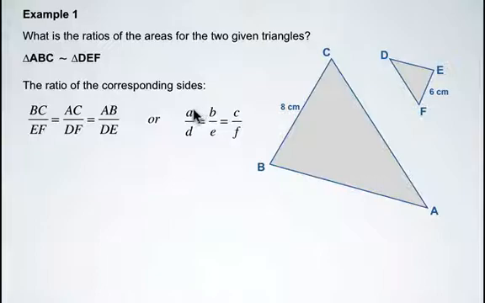So we have the proportion A over D equal to B over E, which is equal to C over F, and again those refer to the sides of the corresponding triangles.